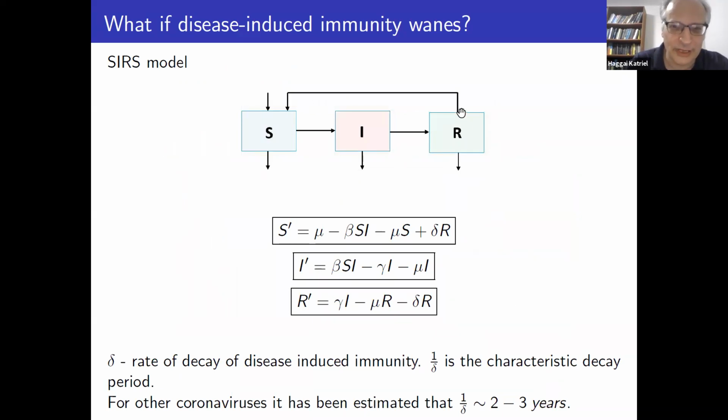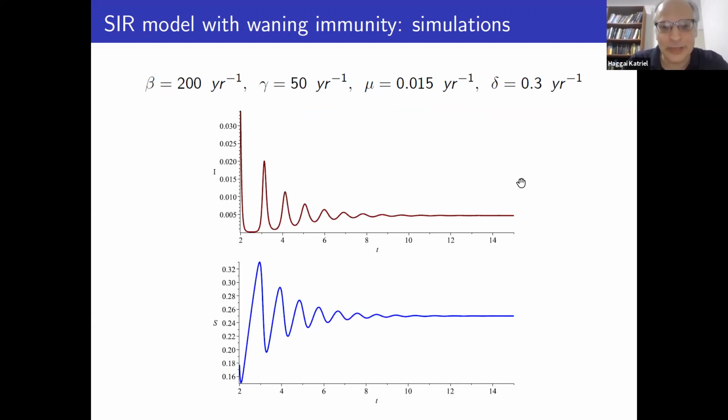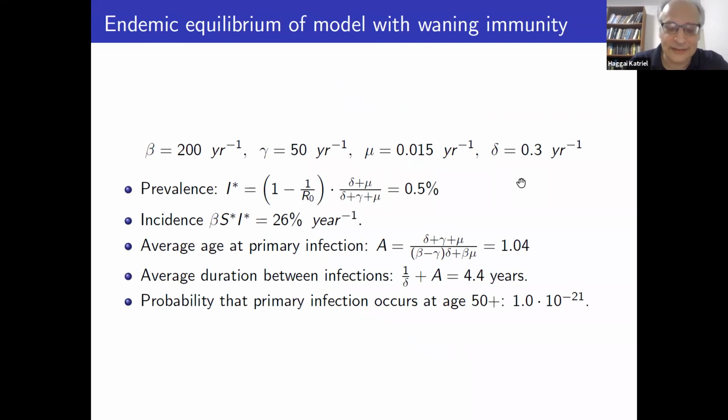So you return from the recovery to the susceptible after 3 years, then you again get an endemic equilibrium after some years, like you see in this picture. But then if you do the calculation, you see it's a much higher equilibrium. At any time, 0.5% of the population will be infected, which means that each year, 25% of the population will be infected, which is like influenza. Influenza is about this level.